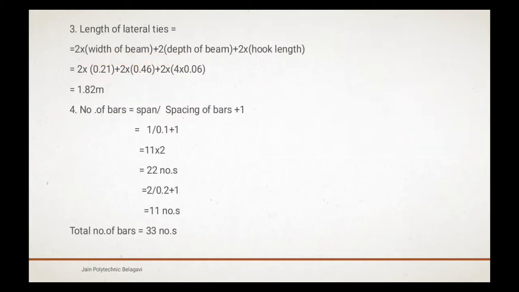So 2 divided by 0.2 plus 1 gives 11 numbers of bars required. So the total number of stirrups required is 33.